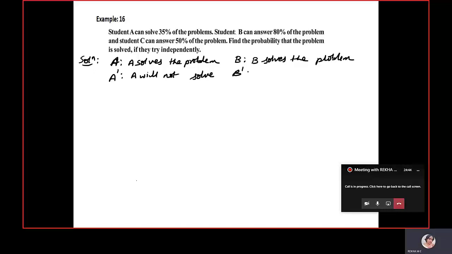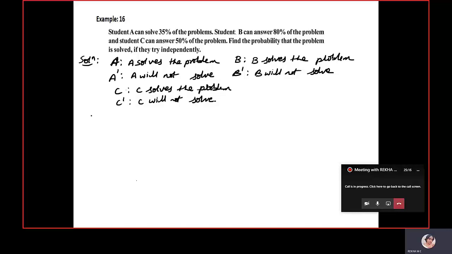So B complement, B will not solve the problem. Then C as C solves the problem. Then C complement is C will not solve.